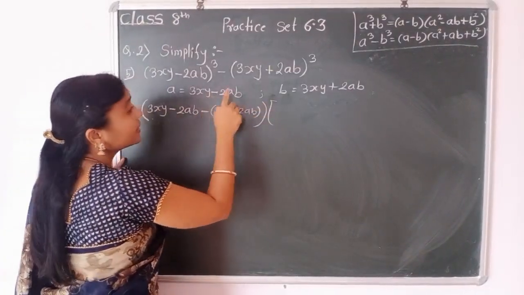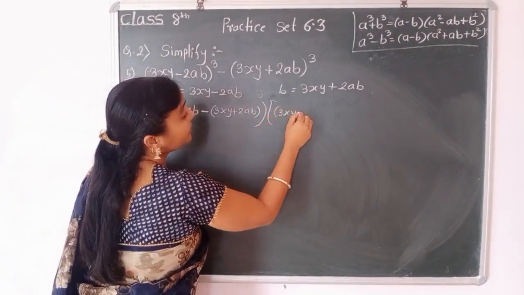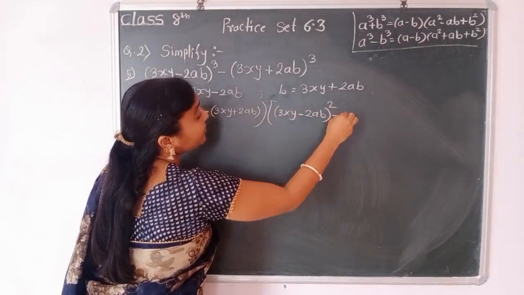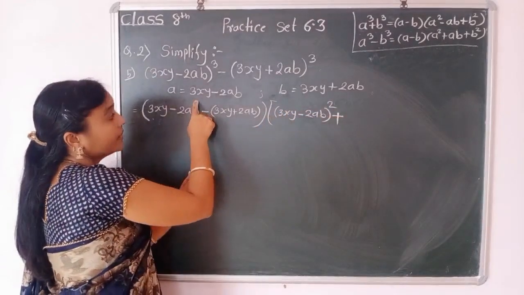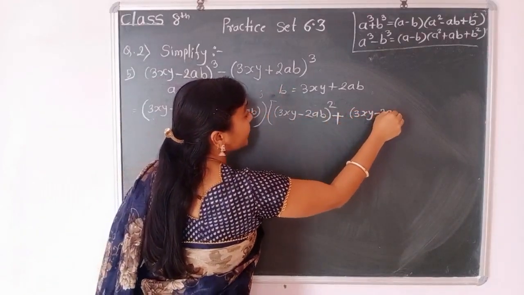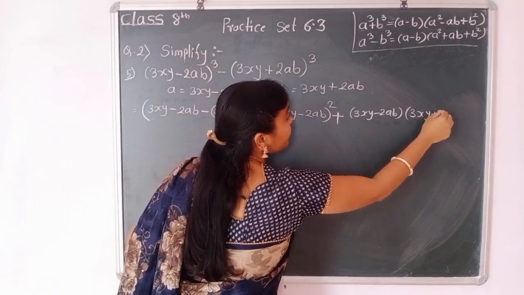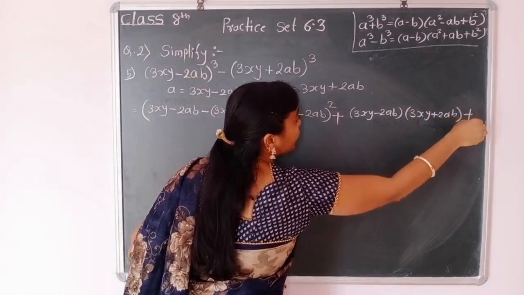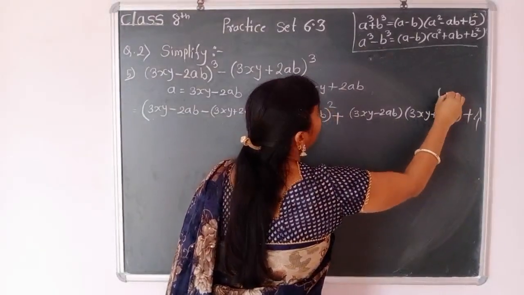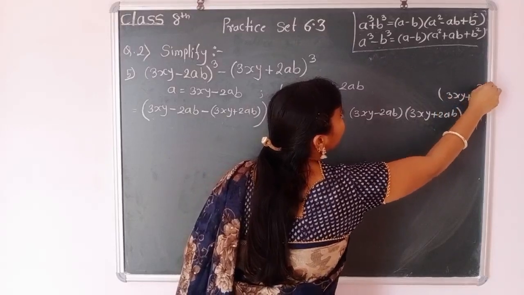Next bracket: a square means (thrice xy minus twice ab) bracket square, plus a into b means (thrice xy minus 2ab) into (thrice xy plus twice ab), plus b square means I write here (thrice xy plus twice ab) bracket square.